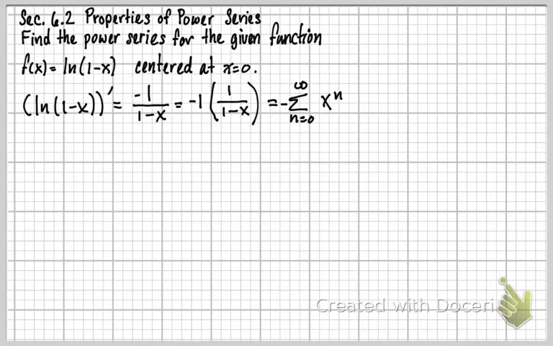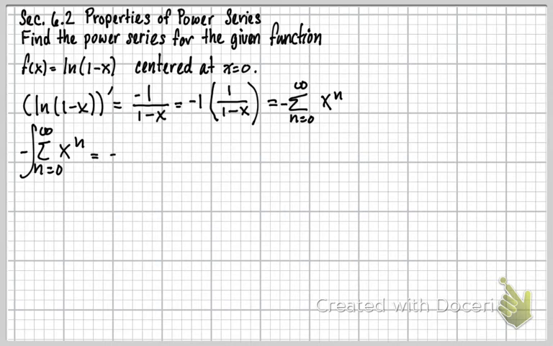But now that tells me, if I know this series here is equal to the derivative of my function, then if I take my series, n equals 0 to infinity of x^n, and I integrate it, then that should be the series that equals my original function.